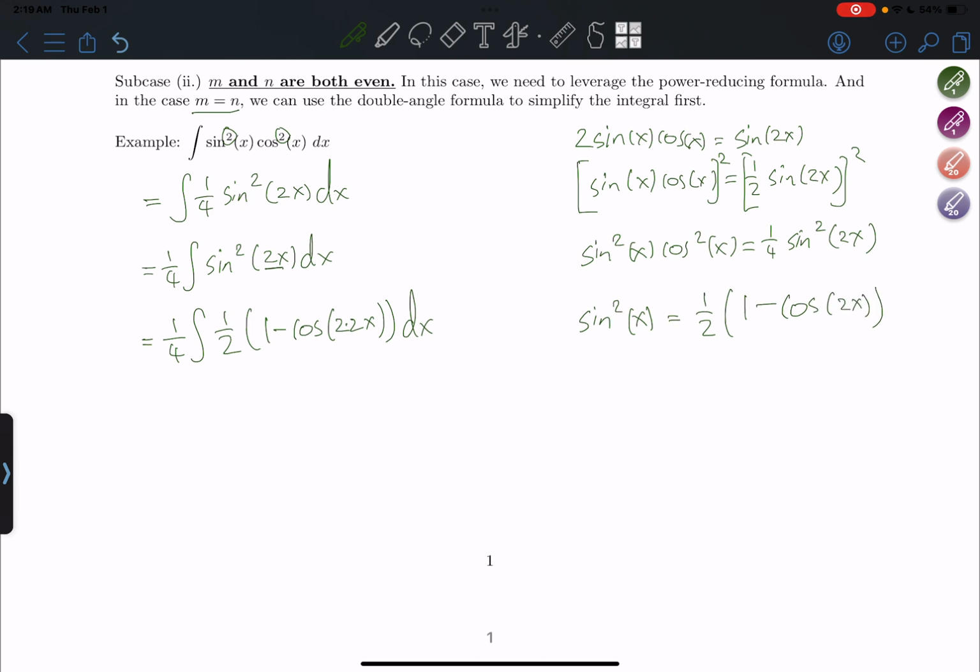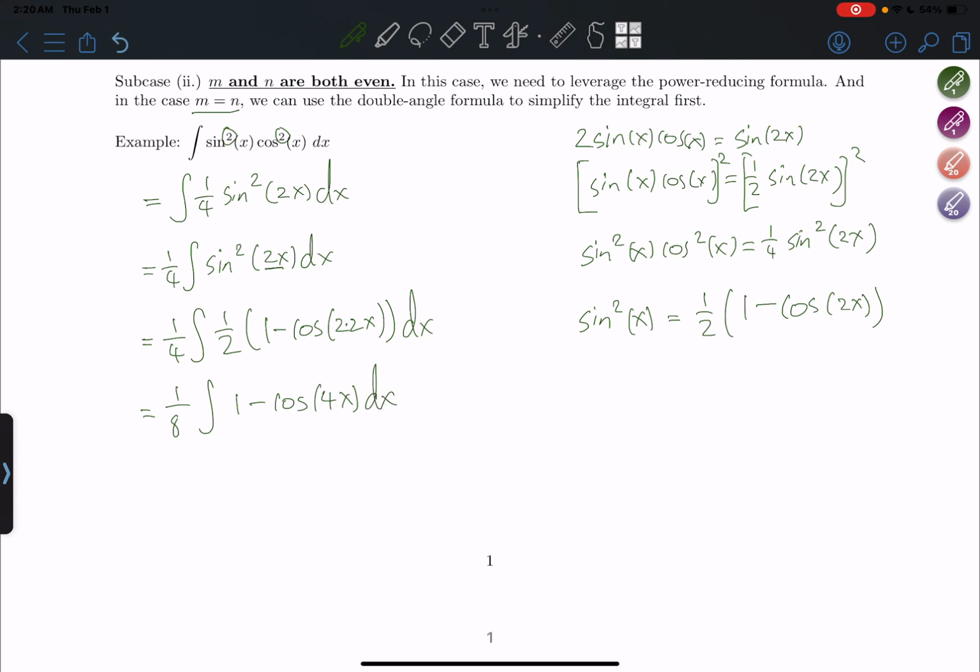Okay, and again, the power reducing formula and the double angle formula for cosine are really two sides of the same coin. They just derive from each other. Anyways, so I can go ahead and pull out a 1/2, so it becomes 1/8 on the outside. And then the integral becomes 1 minus cosine 4x dx.